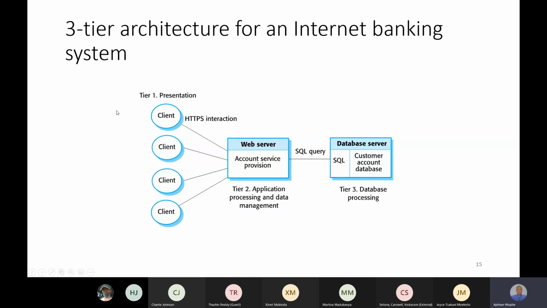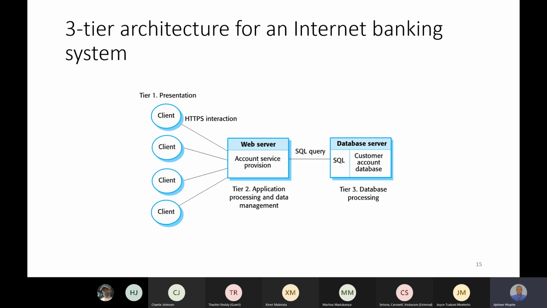Okay, so this would be your first tier. Your first tier is your web browser, the presentation, what you see with your eyes. The second tier would be the tier that has the business logic or the code, the server-side scripts, okay? And then you have your third layer, which is the database layer. And this is where all of your SQL queries are executed against the third layer, okay?